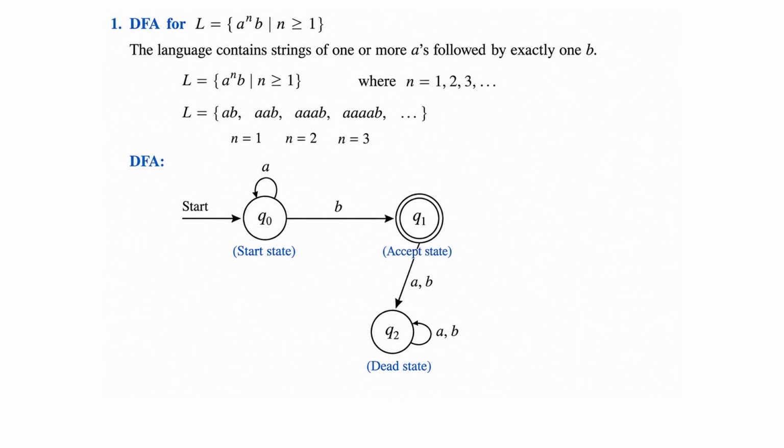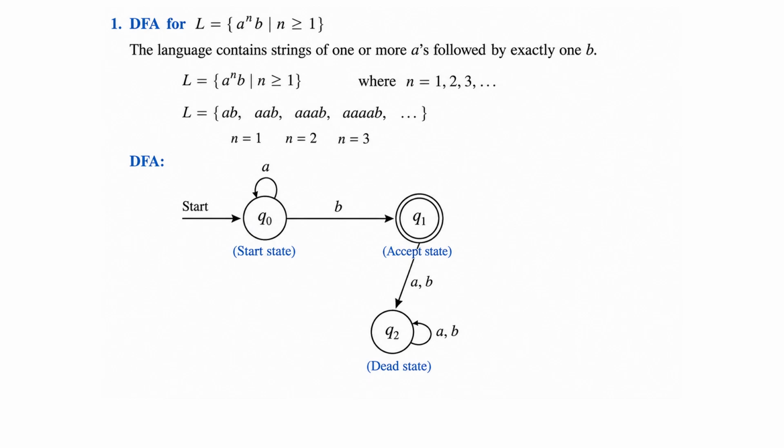Okay. Then b. In this example, all the strings end with b. So next we give the input b with a transition from Q0 to Q1. Now it has reached the final state, that is, we are ending with b. So let's see how the strings move to the final state.